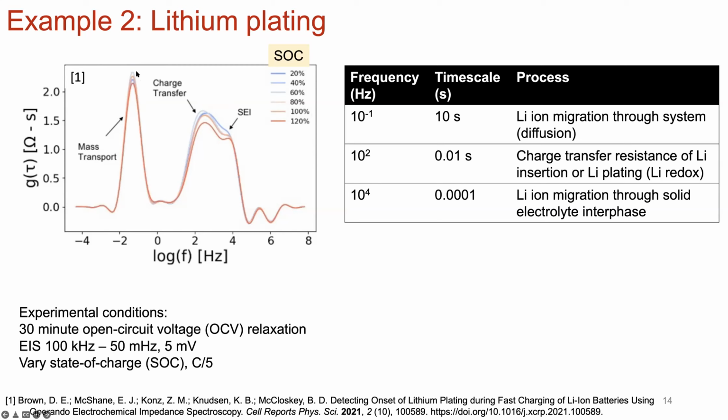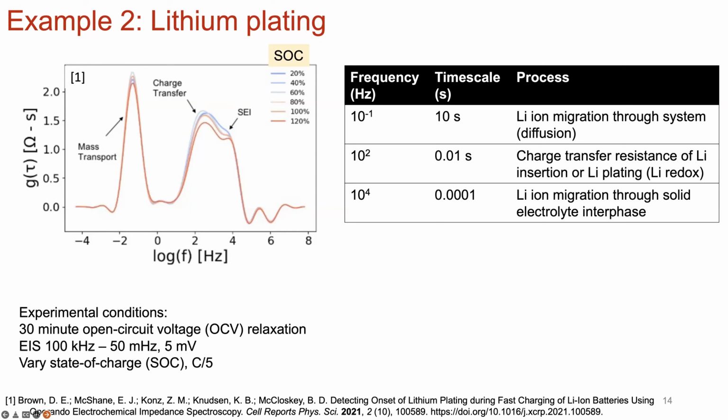There is really minor change at the mass transport frequency relative to what's happening here at the charge transfer and SEI for 20 to 100% SOC. It's only when we over-lithiate, here at 120%, that we see some major changes, okay?